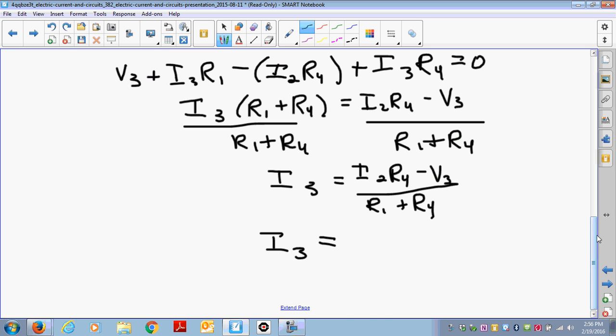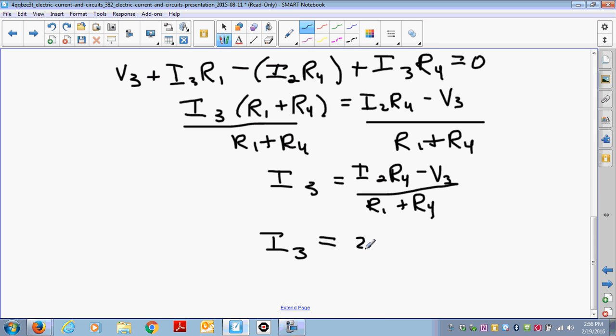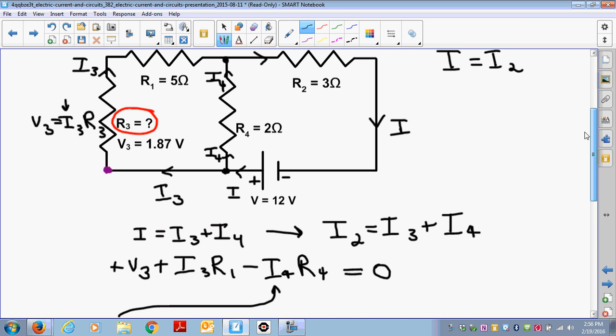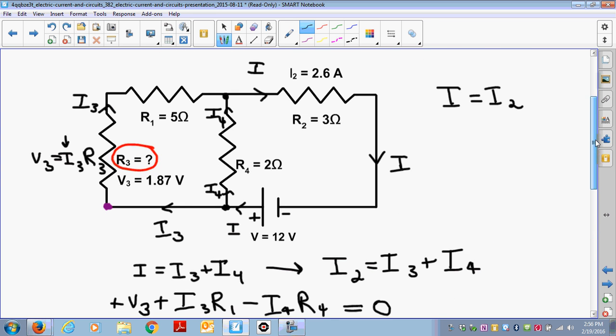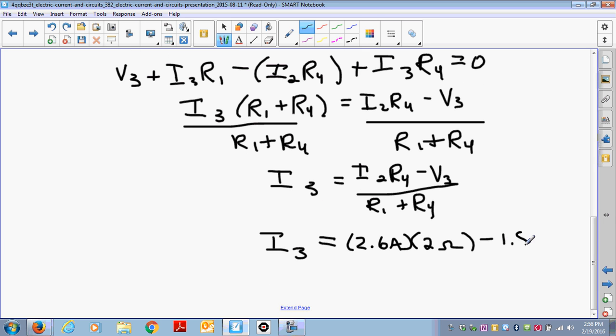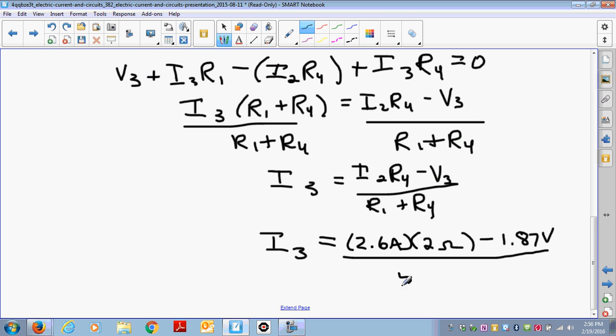So now let's substitute in our numbers. I2 is 2.6. R4 is 2 ohms minus V3, which is 1.87 volts. And we're going to divide that by R1, which is 5 ohms, plus 2 ohms.